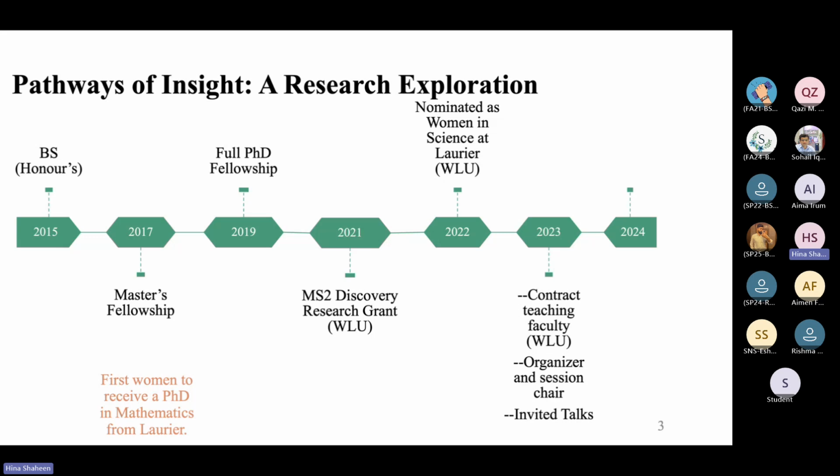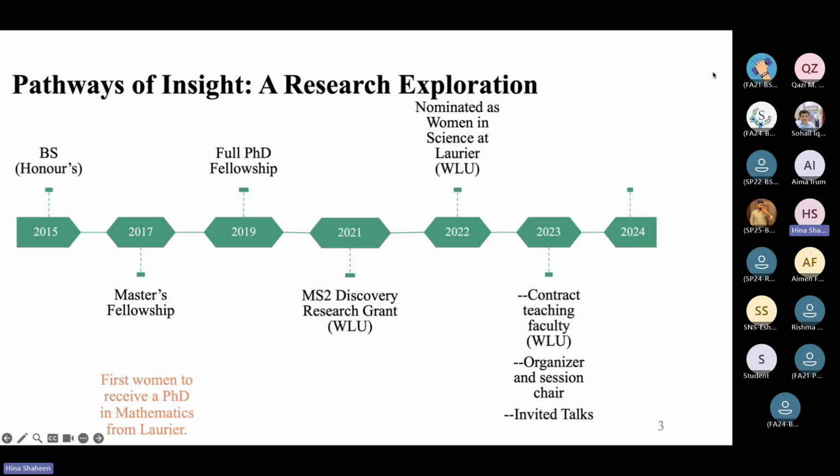I was able to organize different international and national conferences, and chair sessions on interdisciplinary mathematics, statistics, and data science conferences. I was also the recipient of invited talks in many countries, in Europe, in Saudi Arabia, and also in the United States.